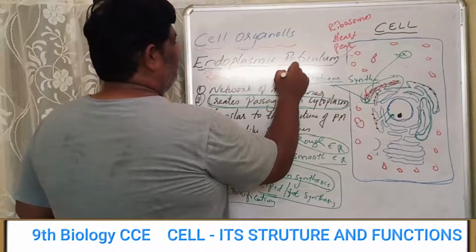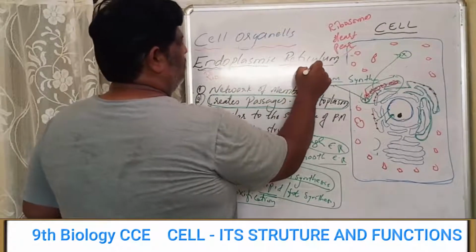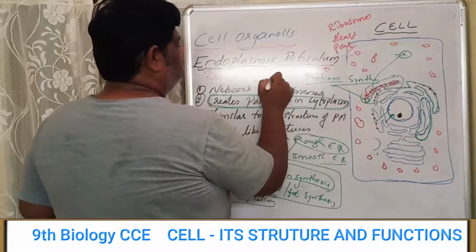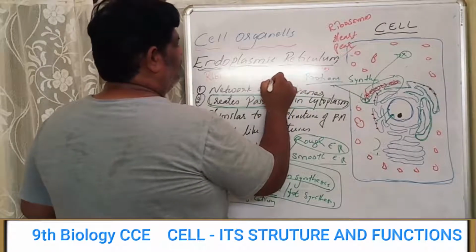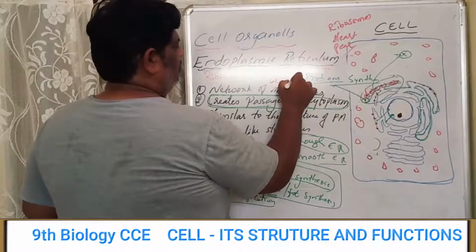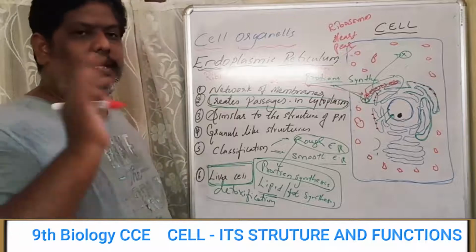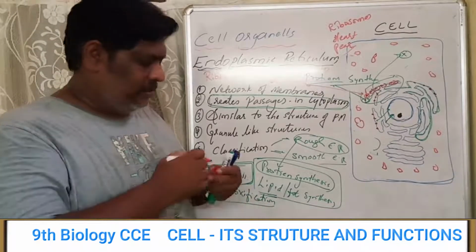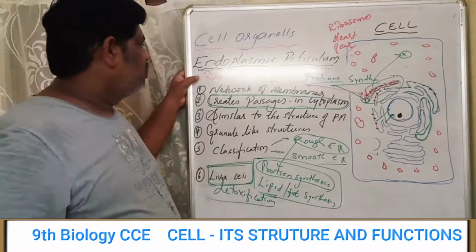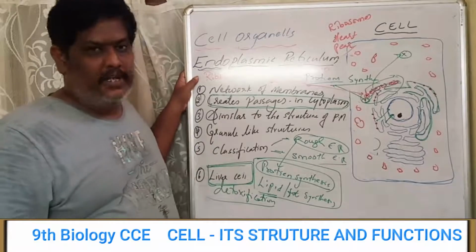There are free ribosomes and also ribosomes which are attached to the rough endoplasmic reticulum. So the three points about the ribosomes, you just remember them. One, ribosomes are heart-shaped or pear-shaped.